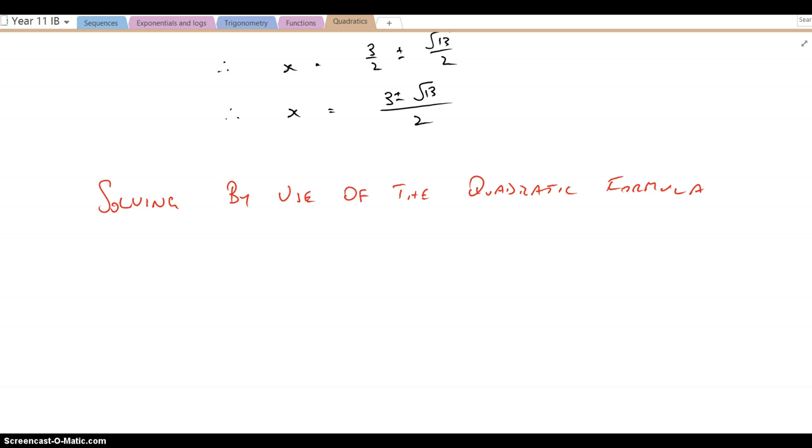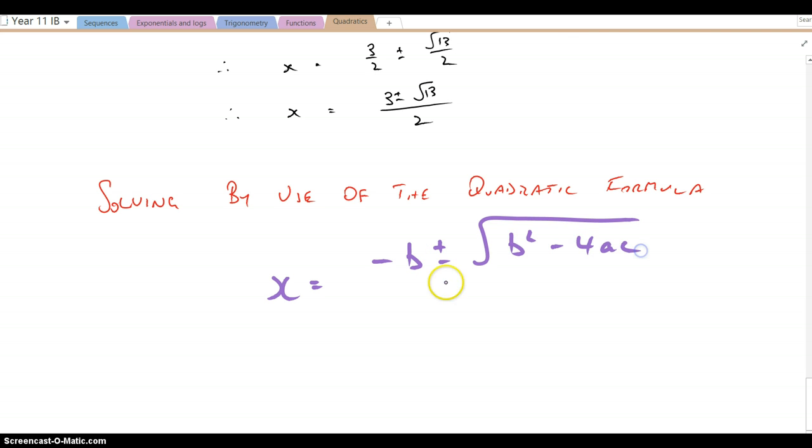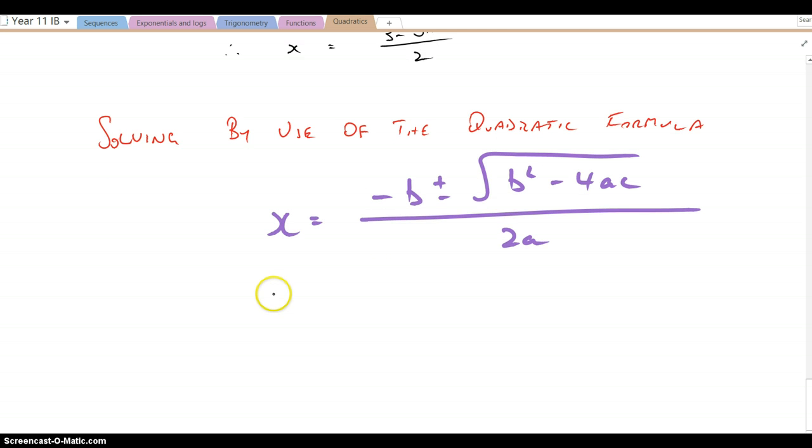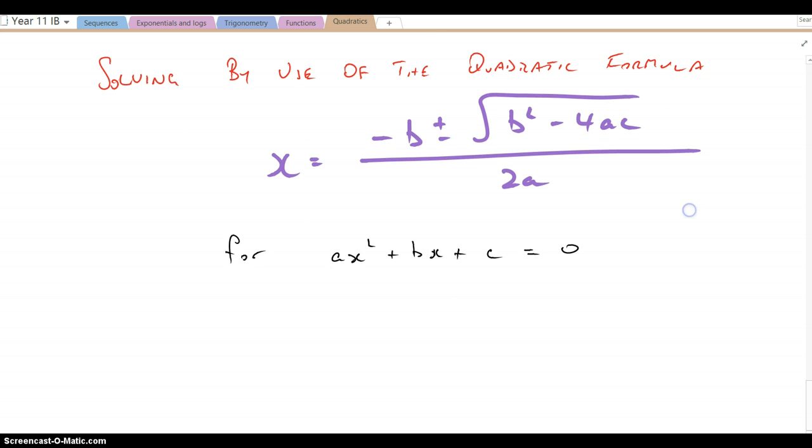Okay, the magic formula, you know what it is. x equals minus b plus or minus the square root of b squared minus 4ac, all over 2a. Marvelous. That's for ax squared plus bx plus c equals 0. So that quadratic formula solves that equation there.